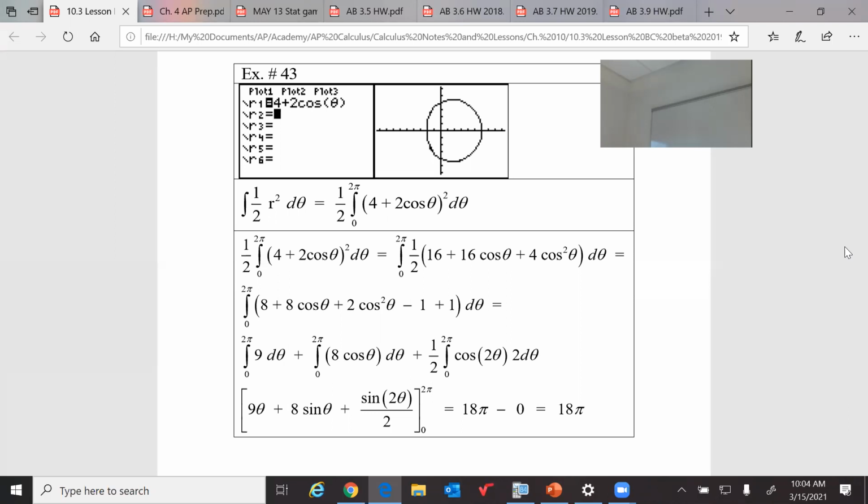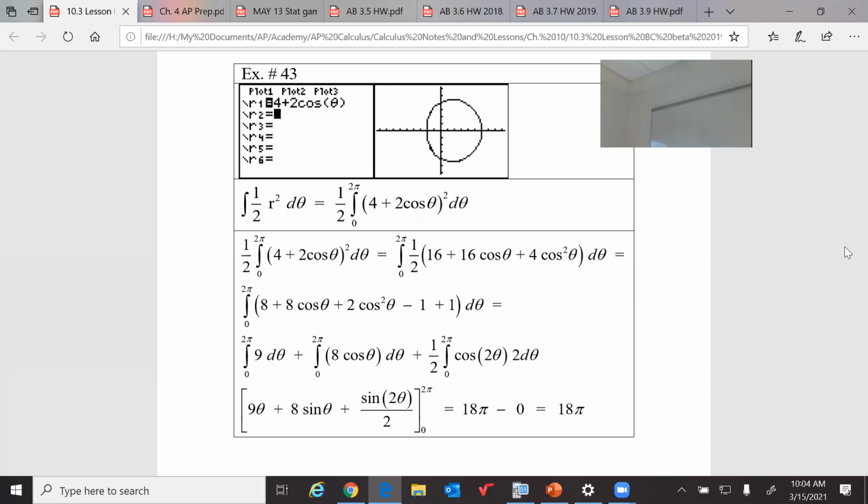Well, my u is 2 theta, so I need a 2 d theta out here, and to balance that, I put a 1/2 out front of that integral. So the integral of the sum of the three terms is the sum of the three integrals. I only need the 1/2 on the last part, and it would take you to 18 pi.